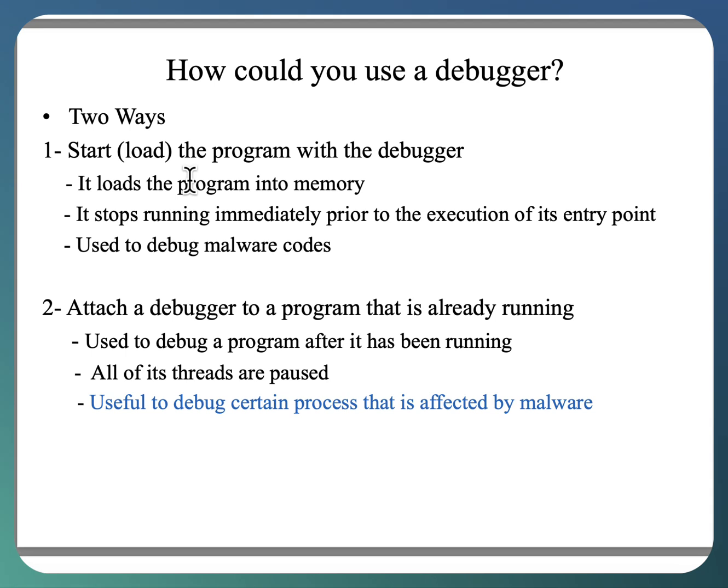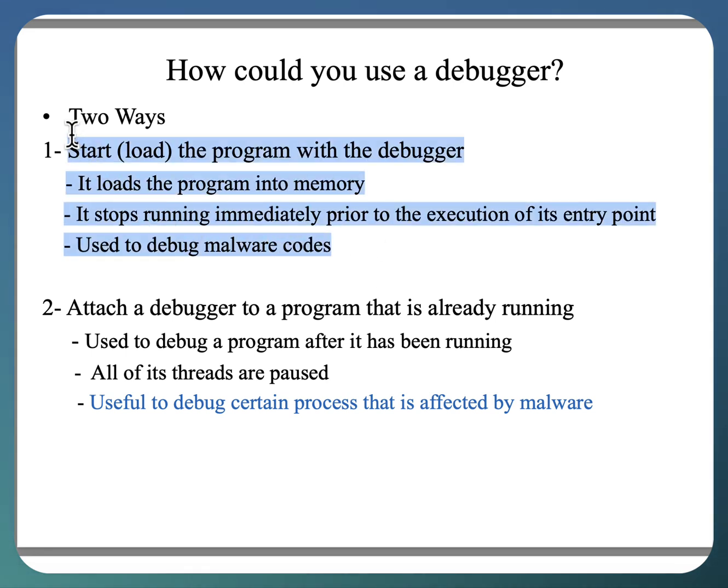So this other application is already in execution. It's already been executed, and you want to debug that application that is already running. So you could do this attachment type here. But again, we're not going to do this.